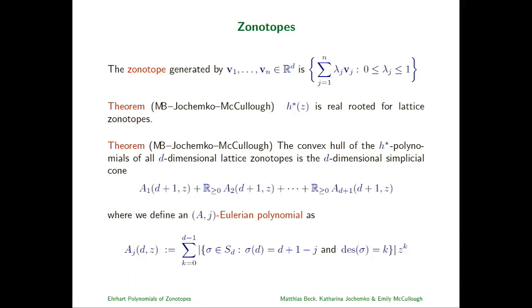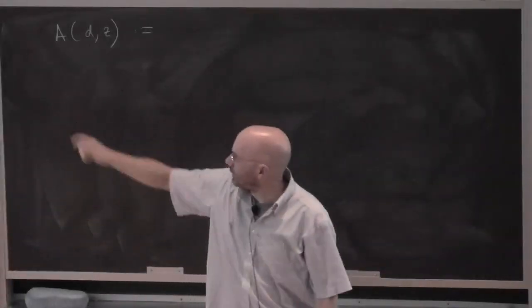Now I can tell you what an Eulerian polynomial is if you don't care about unit cubes or Ehrhart polynomials. Let me do this over here. Maybe I'll use the notation A of d comma z, without the j just yet.